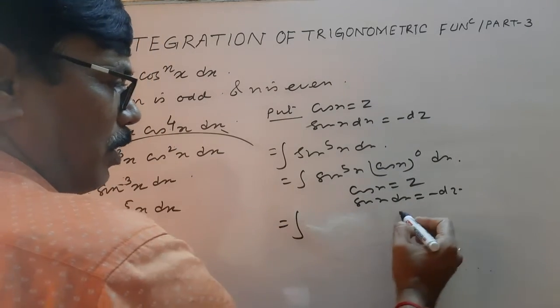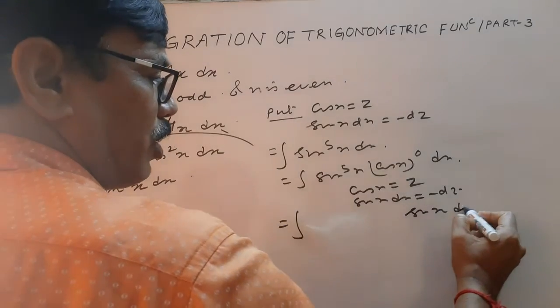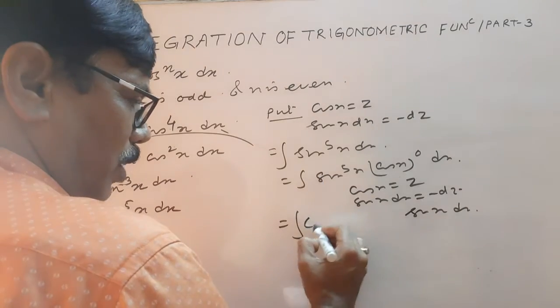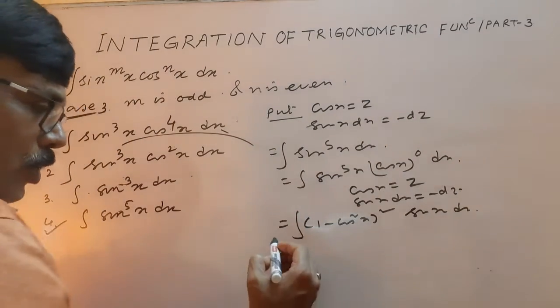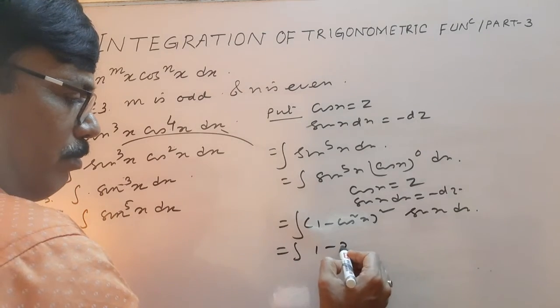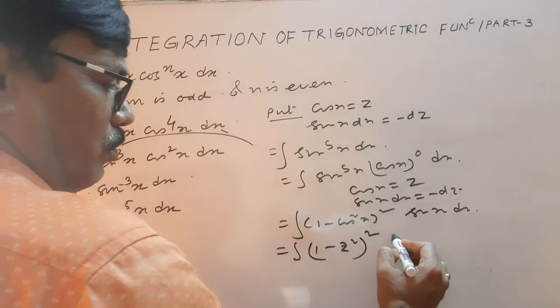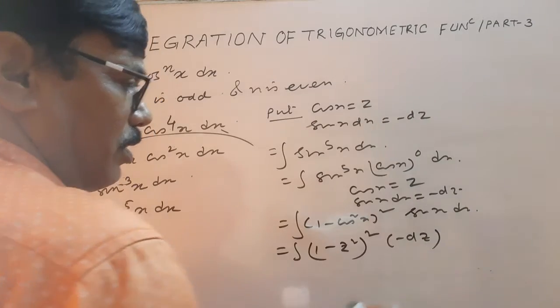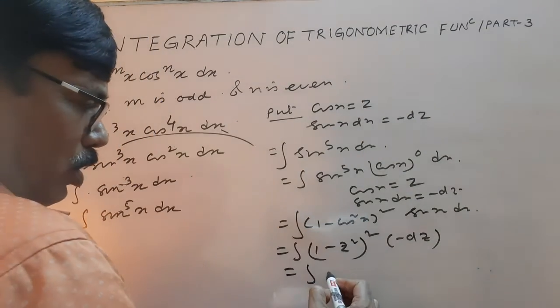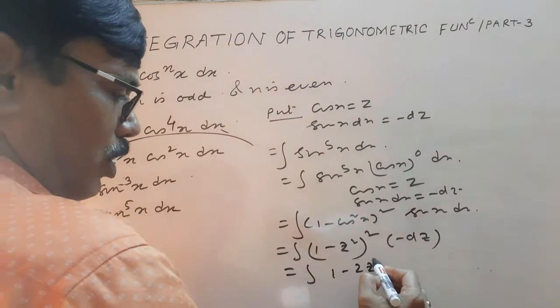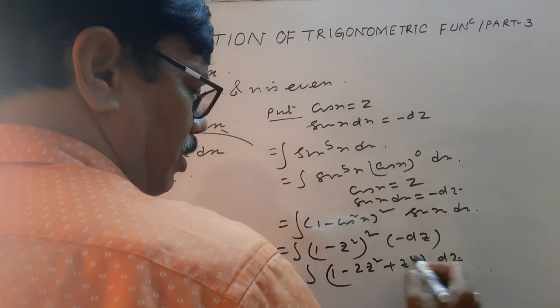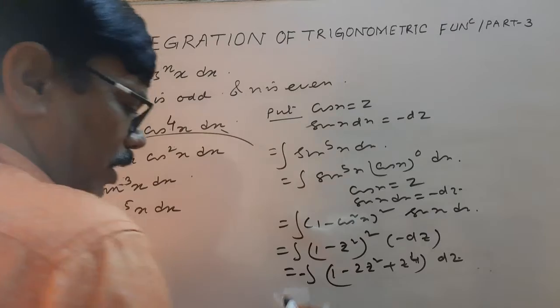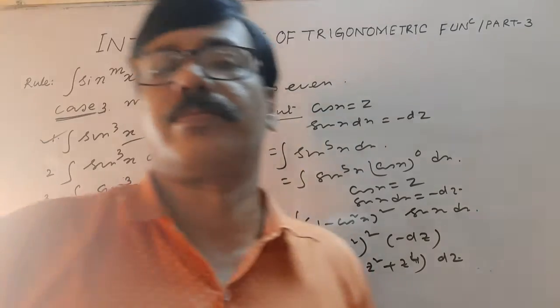Now sin to the power 5: one sin x unchanged, and this is sin to the power 4, that is 1 minus cos square x whole square. So exactly the same, minus dz. So 1 minus 2z square plus z to the power 4 dz, with negative at the beginning.